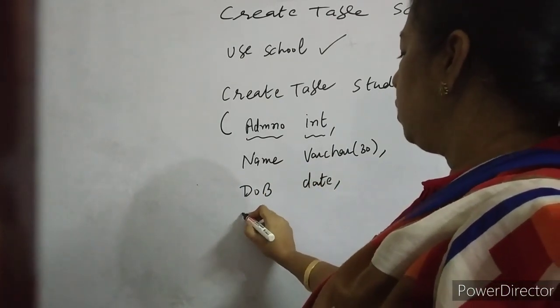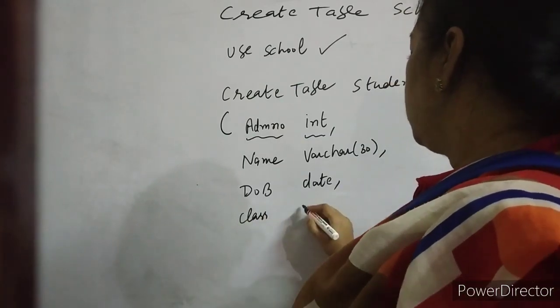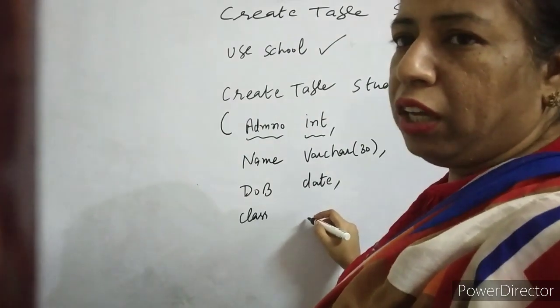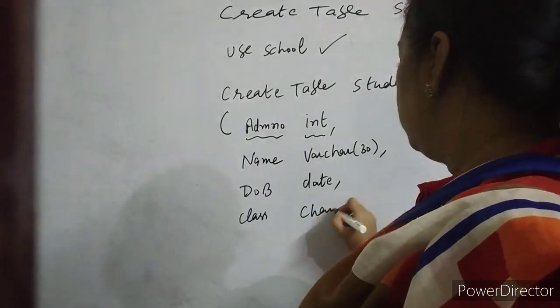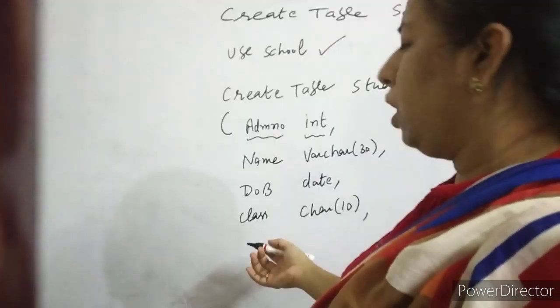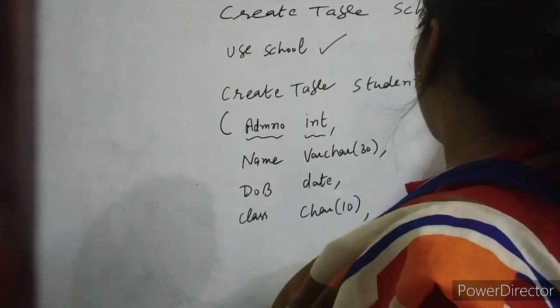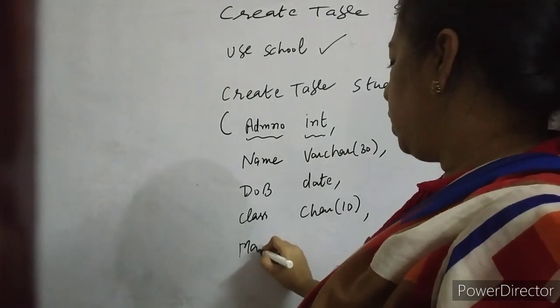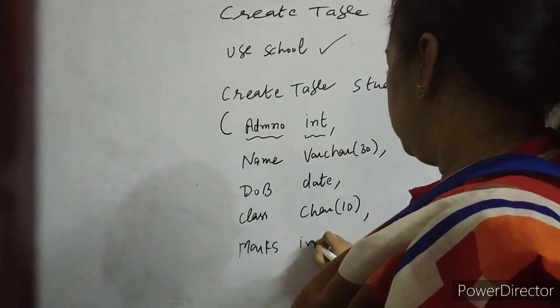And then I am taking class, suppose. Class you can take in Roman or in numeric. If you are taking in Roman, then it is character. Because Roman characters are there, like I am entering 9th, 10th, these all are characters. Suppose next I am taking marks, int.